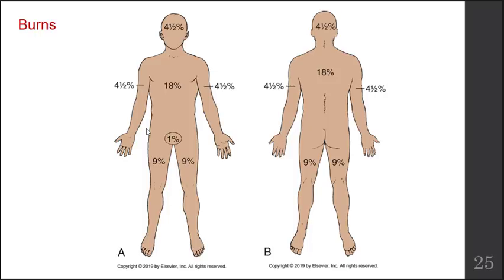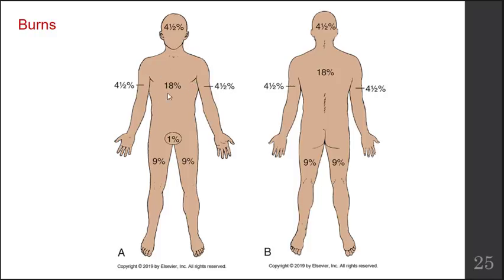And so how this works when we say rule of nines, just to give you an idea, is that the head and neck, the anterior part, would be 4.5%, and then the posterior part would be 4.5%, totaling 9% for the head and neck. Another example here would be the torso. So we have the thorax and the abdomen totaling 18%.